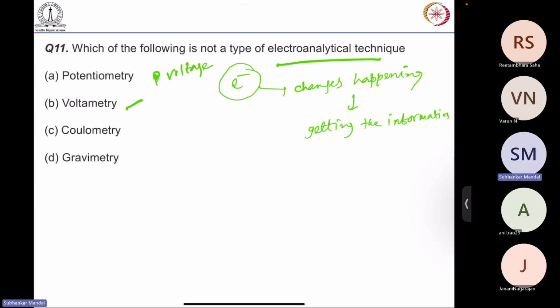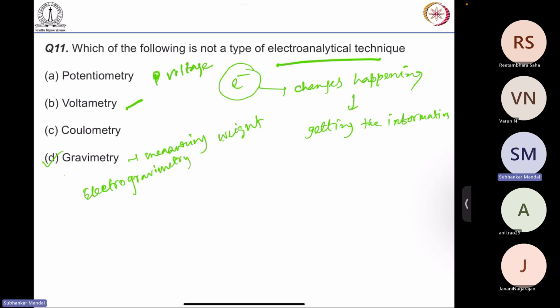But in gravimetry we are measuring weight, as on a weighing balance, where you are not putting in any electrons externally. So gravimetry is not an electroanalytical technique. We have discussed electrogravimetry, I think.